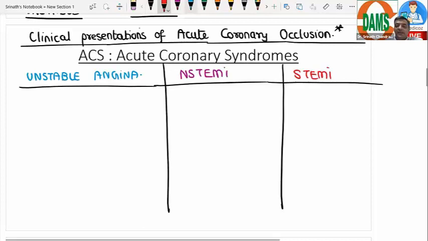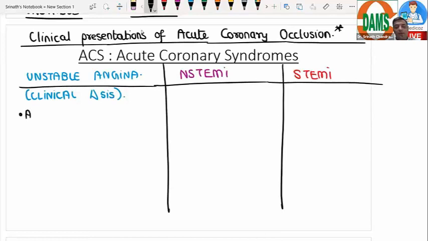So when do you say unstable angina is a clinical diagnosis? It is a clinical diagnosis with all new onset angina of less than 2 months duration, like in this patient.